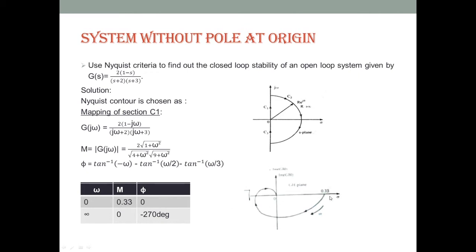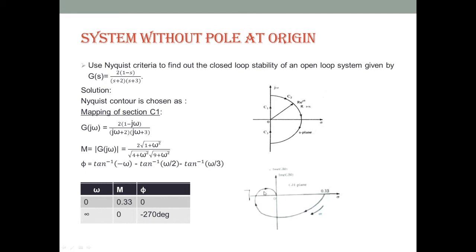So this one is the 0 degree line or the reference line, and the magnitude is taken as 0.33 over here. Now omega starts to increase, and when omega is equal to infinite, then the line will be the minus 270 degree line, and the magnitude on this line is 0.